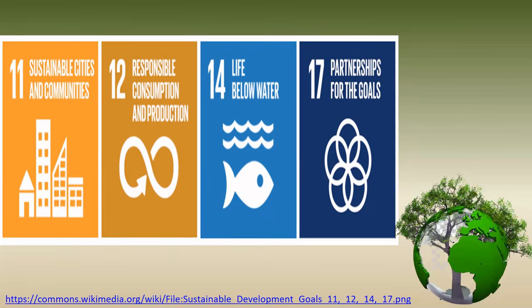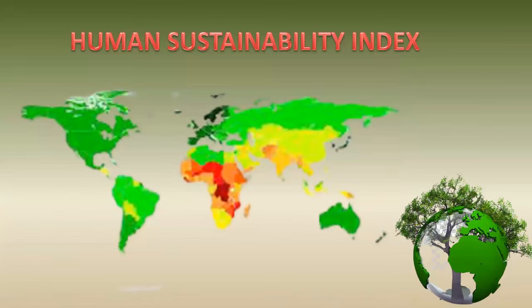Here we are considering life below water, so that marine resources are also protected. This is also very important. And partnerships for the goals: the main goal is sustainable development, so with whom we make partnerships is very, very important.